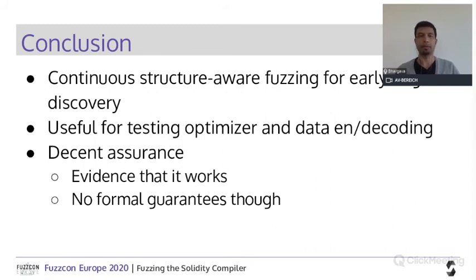The assurance is pretty decent, I would say. There's evidence that it works, but of course, there are no formal guarantees, because what is not found cannot be said to be a proof that there is no bug. So yeah, the classic caveat applies. But it's proven to be quite useful in practice.